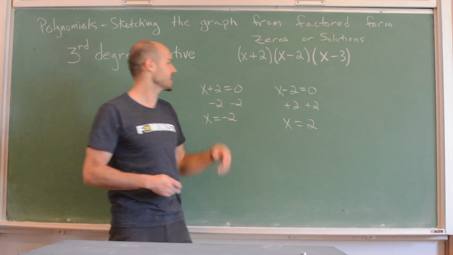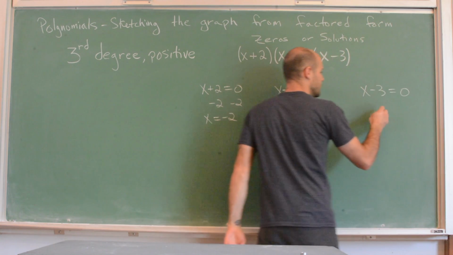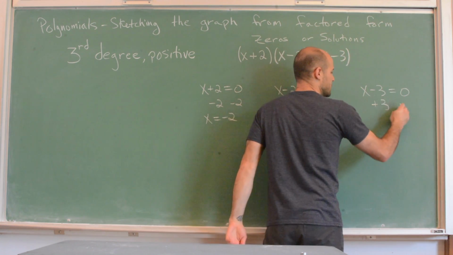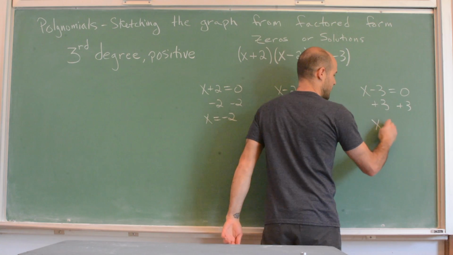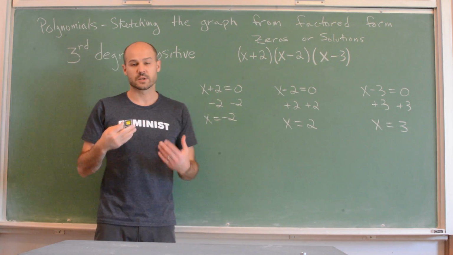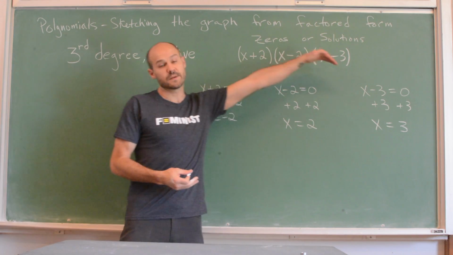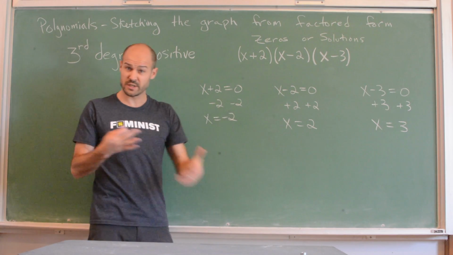And we'll do the same thing with x minus 3. Set it equal to 0, solve for x, and find out that x equals 3 is a 0 or a solution to this polynomial. So this polynomial with 3 factors has 3 zeros, 3 solutions.